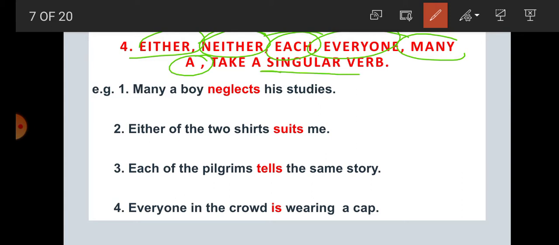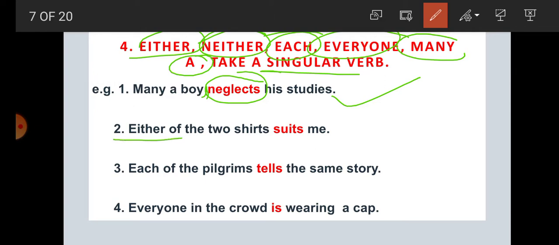For example, many a boy neglects his studies. So what is neglects here, student? Neglects is a singular verb.